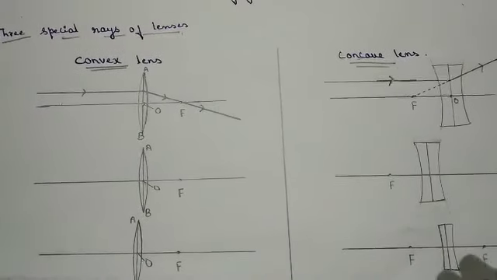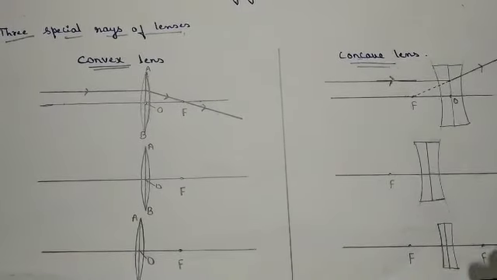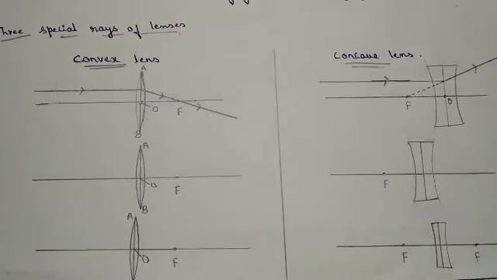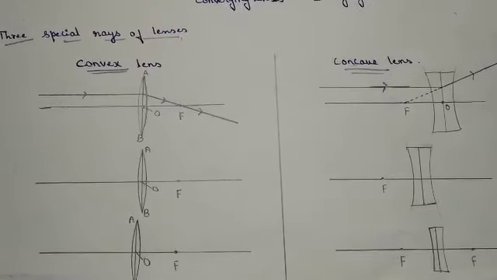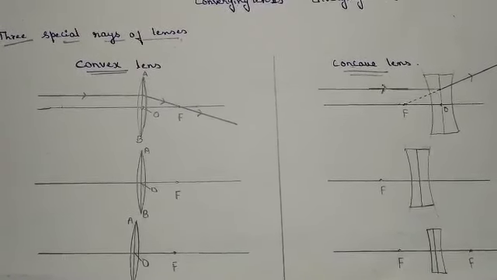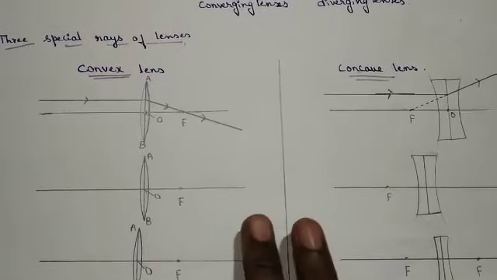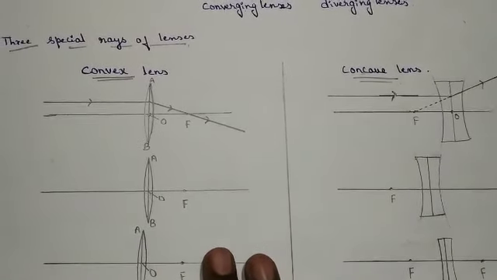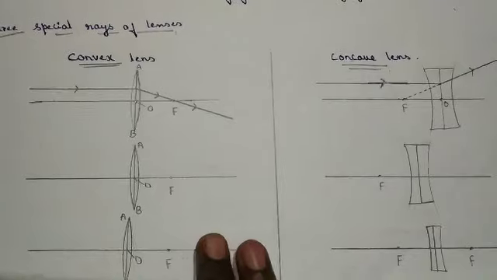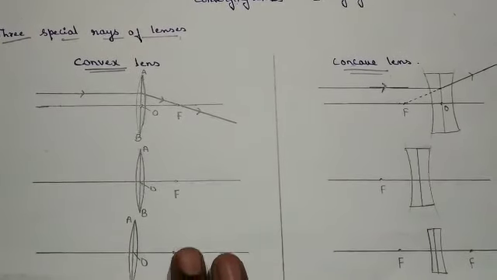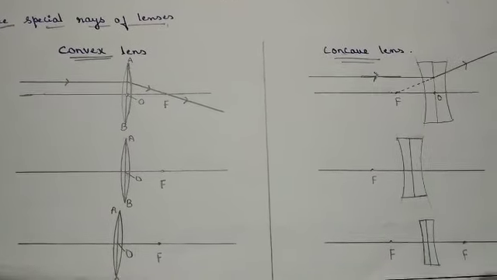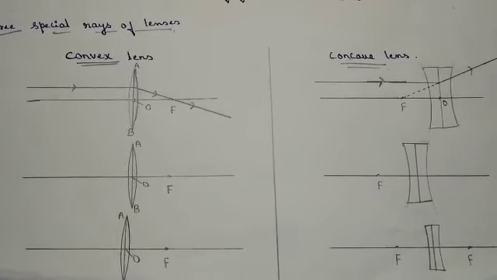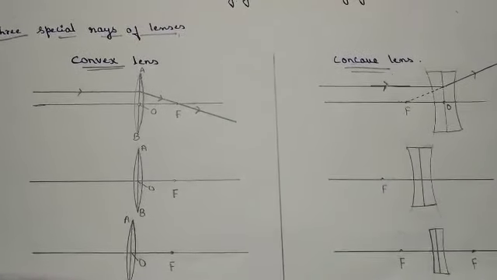But before drawing the ray diagrams of the convex lens and concave lens when the object is kept at a certain distance, first the three principles that you must follow before drawing the ray diagrams for the concave or a convex lens.